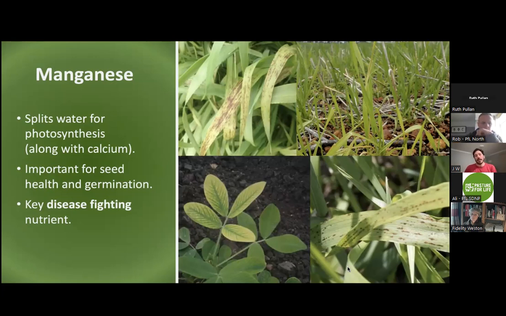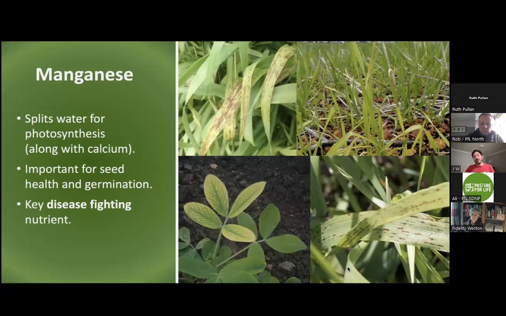And beyond that, manganese does all sorts of other important things like seed development, seed germination, and seed maturity, with a lot of important reproductive functions around seed quality, as well as being a very important nutrient for plant health. Manganese is well documented to help protect the plant's health against particularly a lot of diseases.